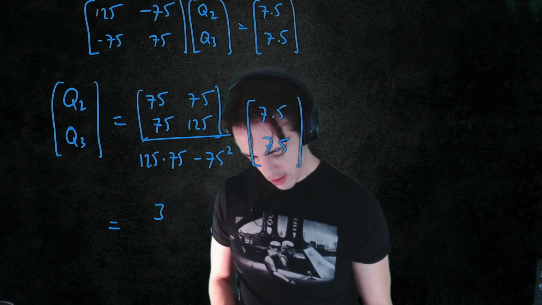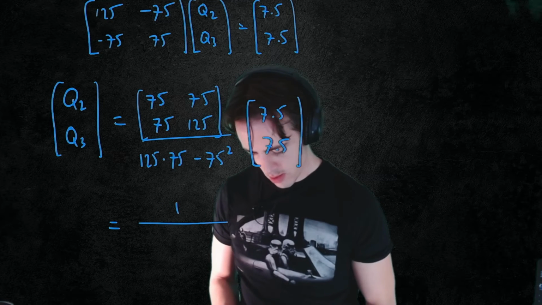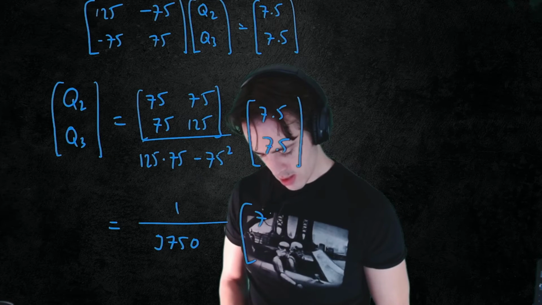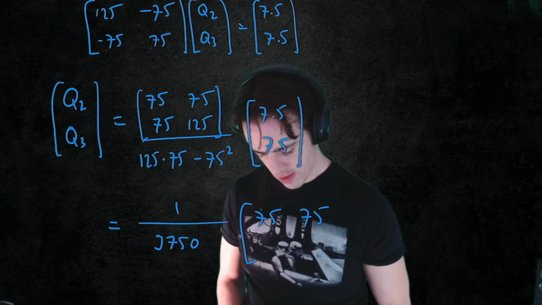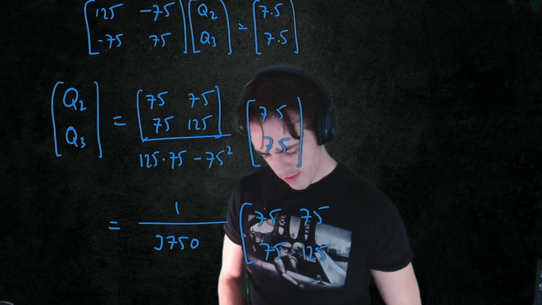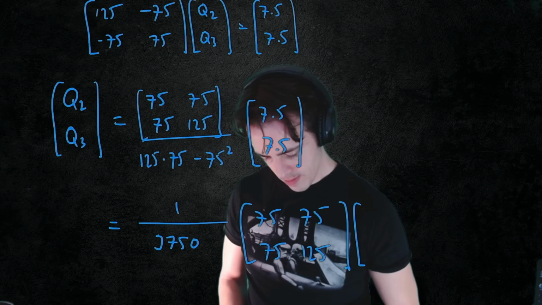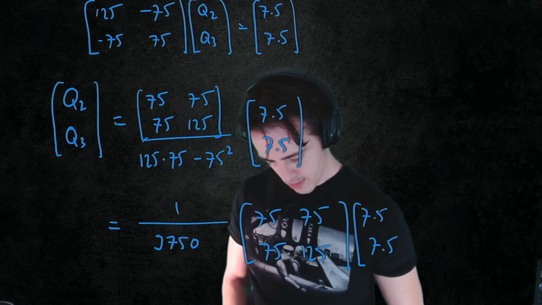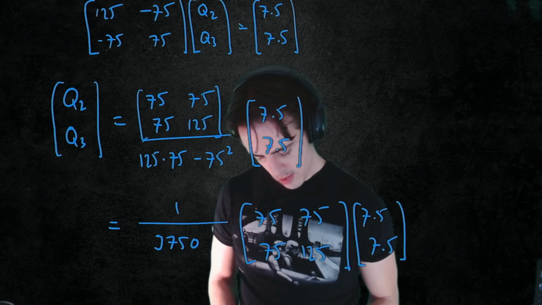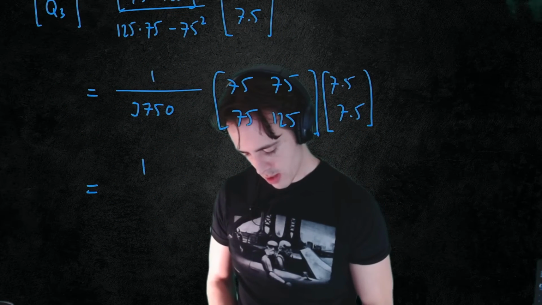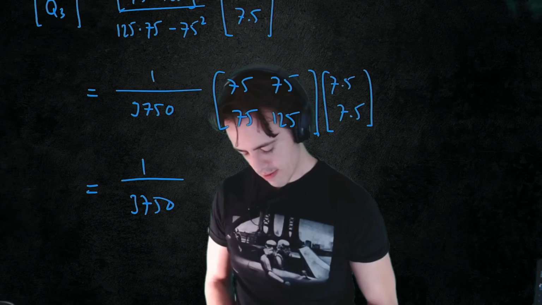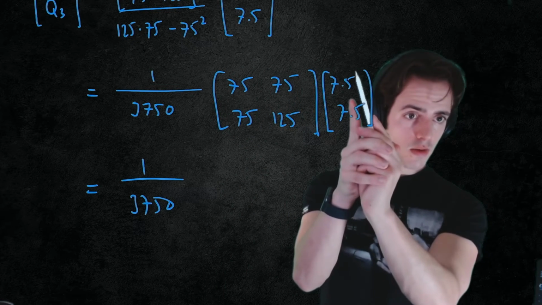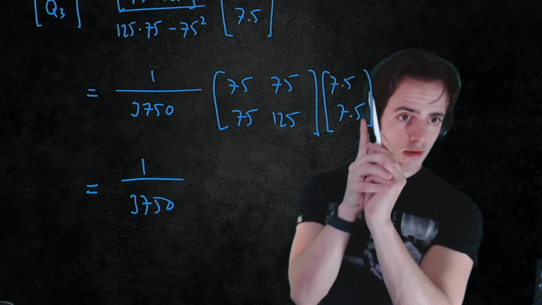Okay, let's write this way. Let's do multiply by 75, 75, 75, 125. Okay, so let's do this now. 1 over 375. Well, this is a 2 by 2 matrix multiplied by a 2 by 1 vector.